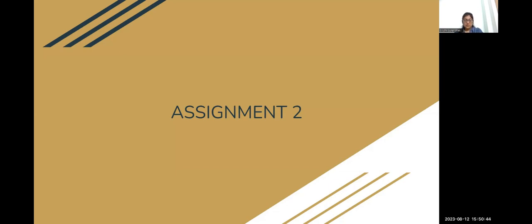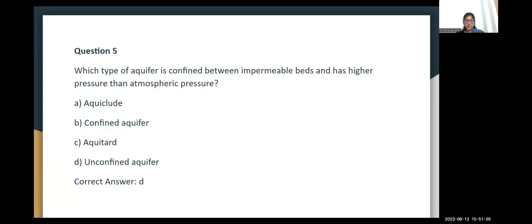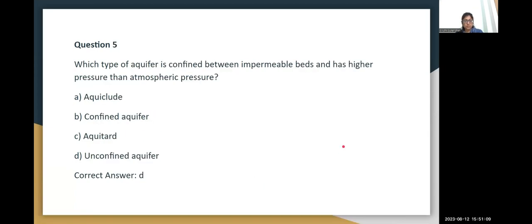So that was about assignment 1 questions. Then we'll discuss a few questions in assignment 2 that might require discussion. In that, again, what type of aquifer is confined between impermeable beds and has higher pressure than atmospheric pressure? Question number 6 in assignment 1. Have you talked about it here?